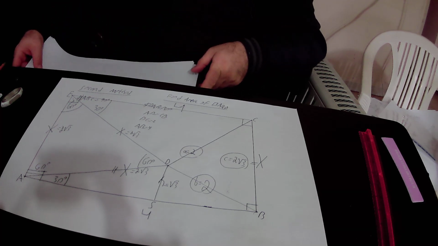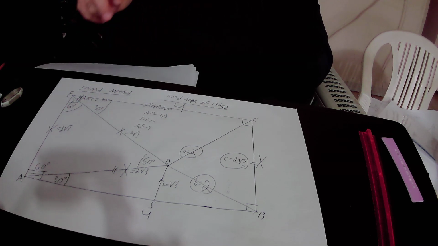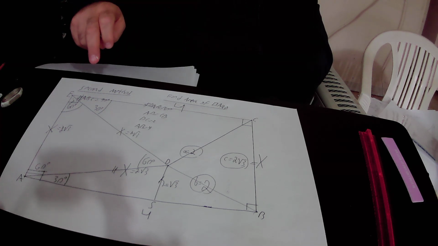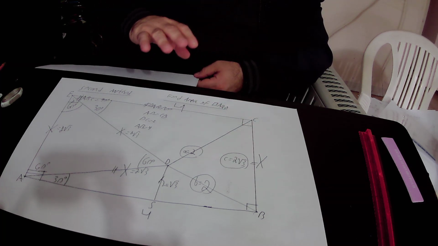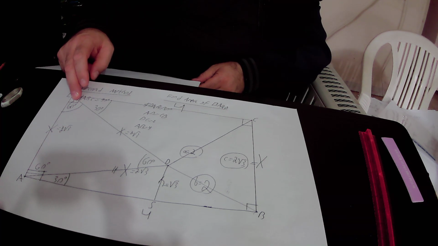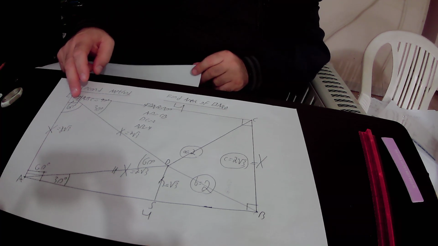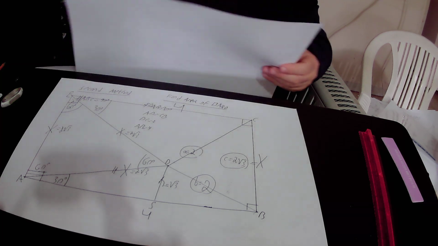And then here we created quadrilateral ABCE that has 3 right angles. 1, 2, 3, and the sum of 3 right angles is 270 degrees. Plus the size of the fourth angle, defined as x, must equal 360 degrees according to rule number 1.